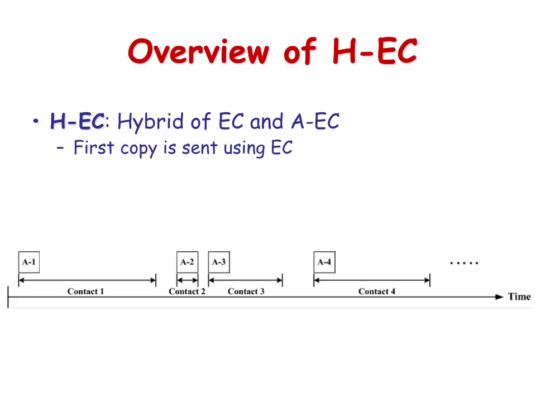You can just pile up, because if you have a full message, you can put four copies of the messages onto the first contact. But that means you are asking the first carrier to take the major capability and the responsibility.